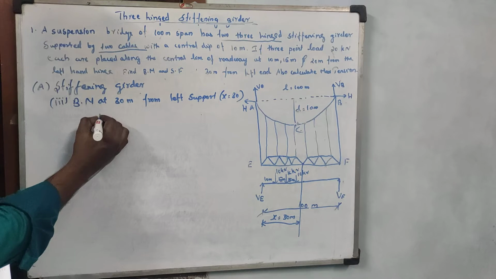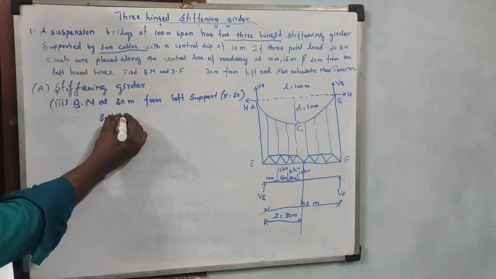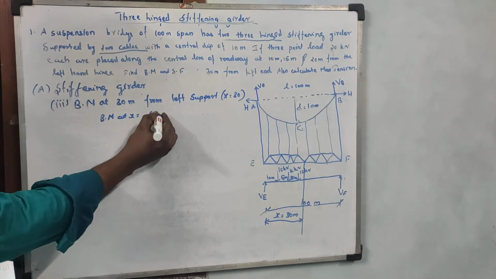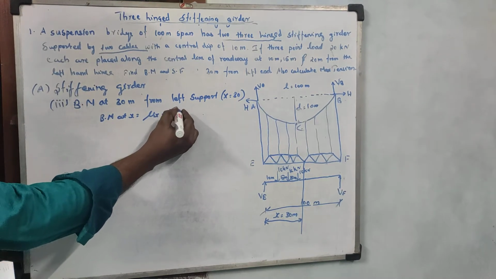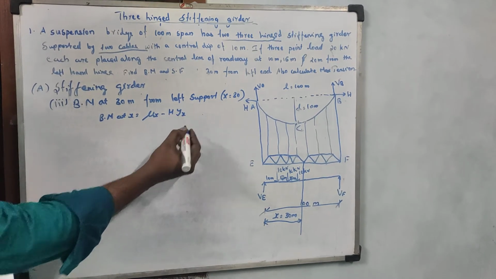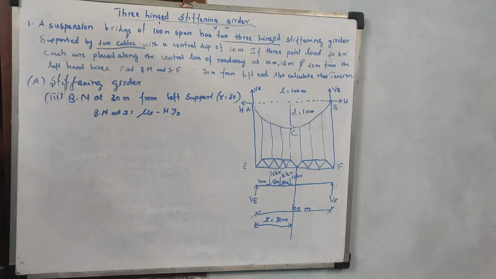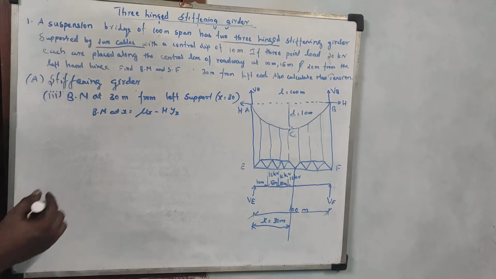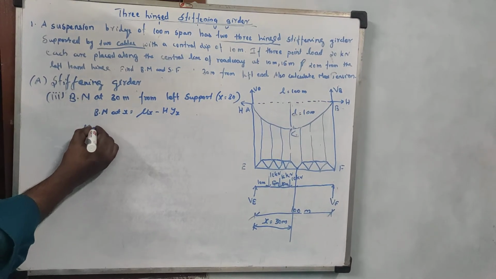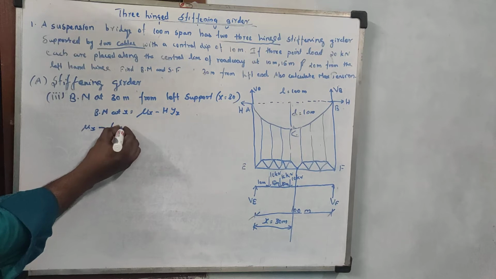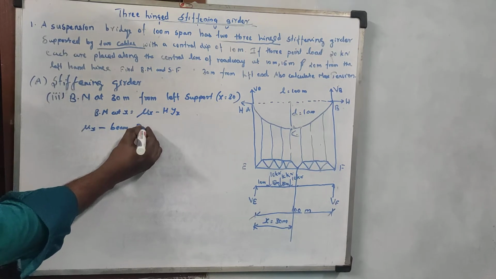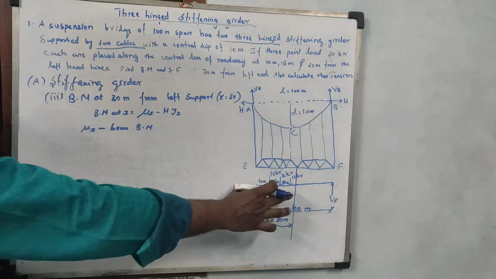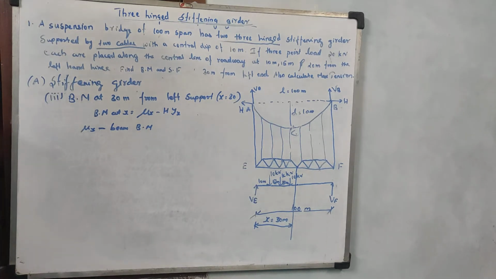So we know that the bending moment at x equals Mu x minus H into y. Mu x is the bending moment. We have to consider only the flexural force.